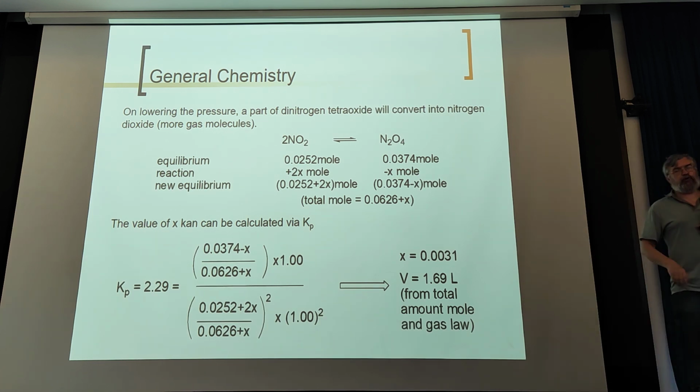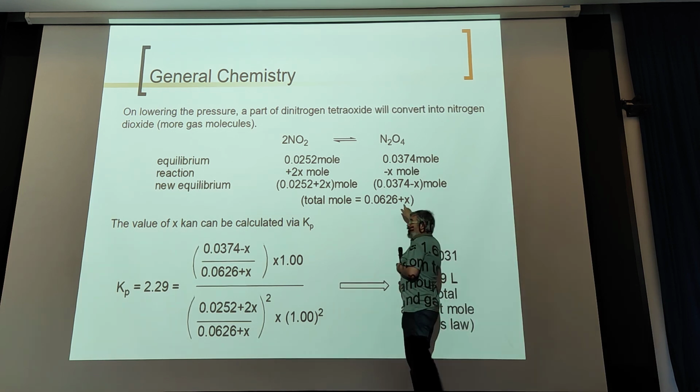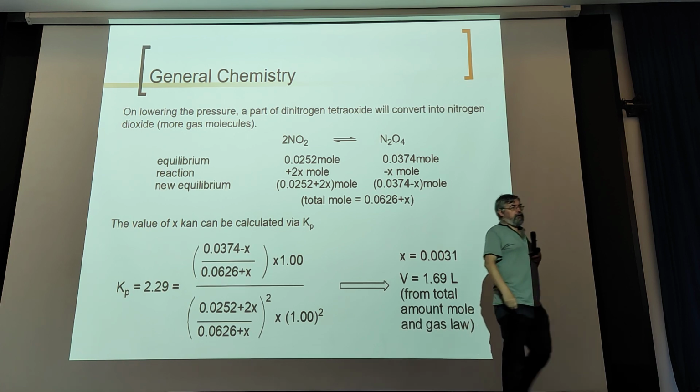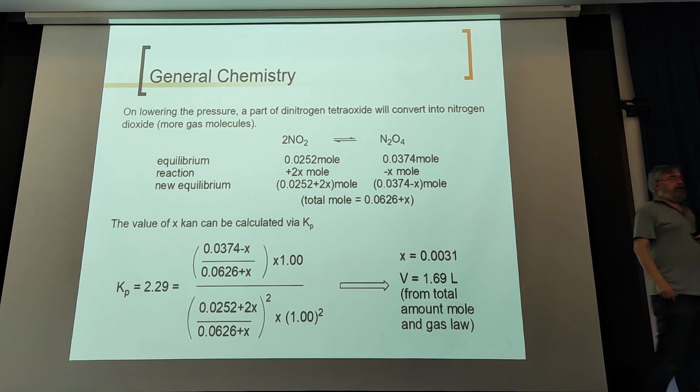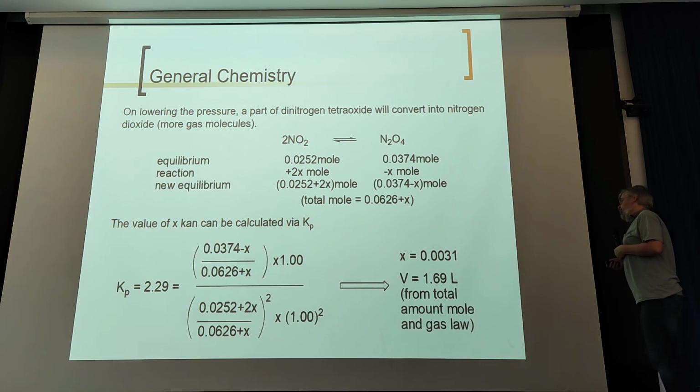The part is going to shift. So the volume now is 1.69 liter. And this we can calculate by putting X in this, and then using the gas law again. So we can see now the original volume of 1 liter had to expand to 1.69 to accommodate this amount.